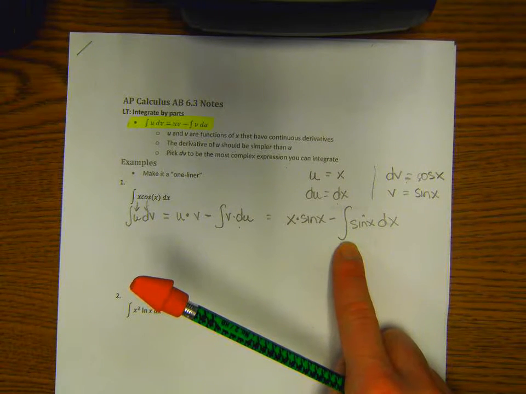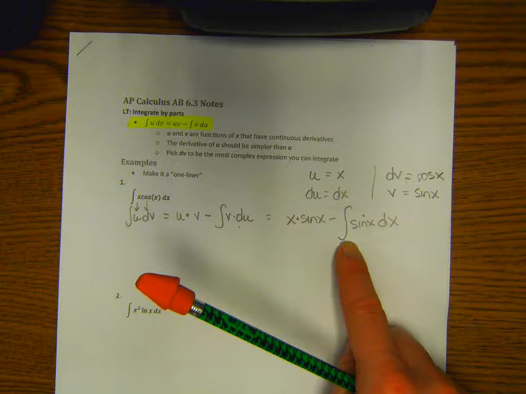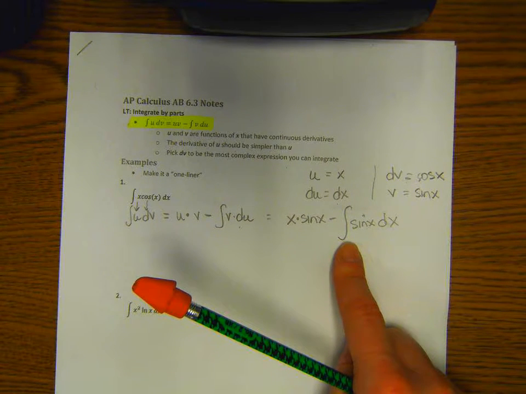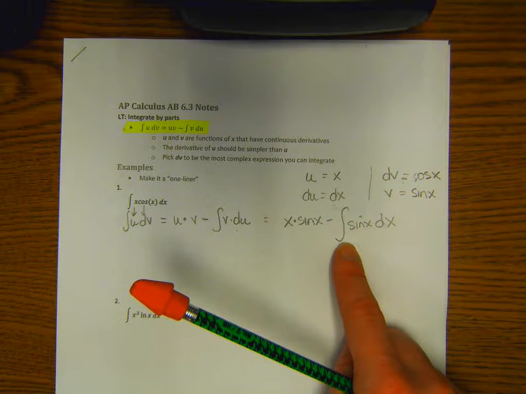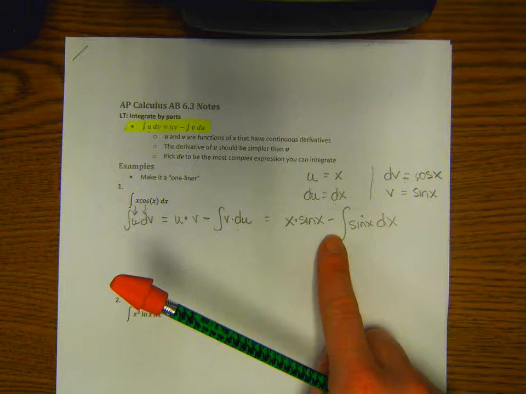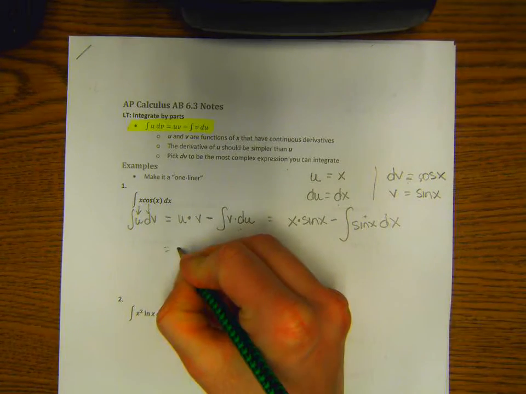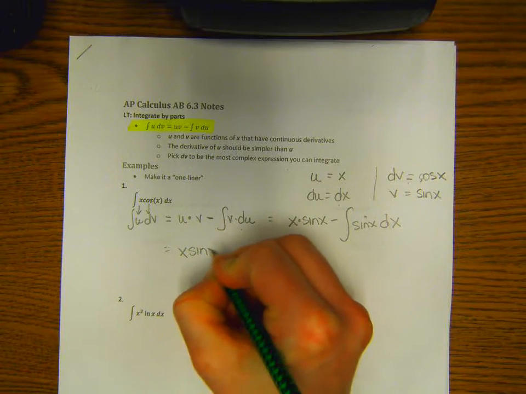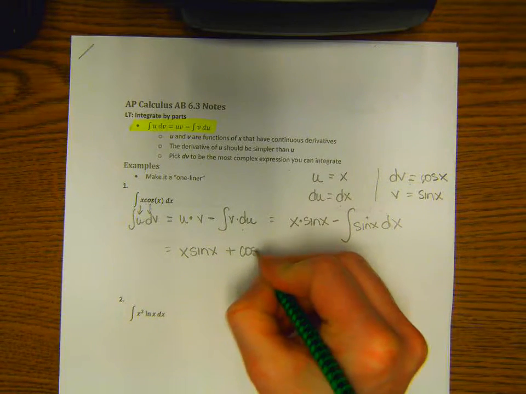So what is the integral of sine? Negative cosine. I know, they're hard to go back and forth. Okay, so minus a negative means that this would be, yep. So this is going to simplify to x times sine of x, that's this part, plus cosine of x plus c.